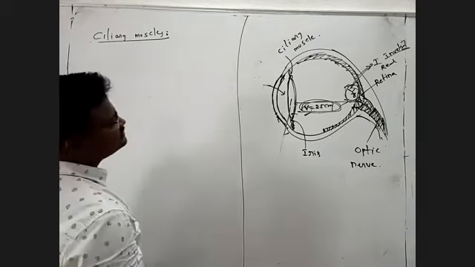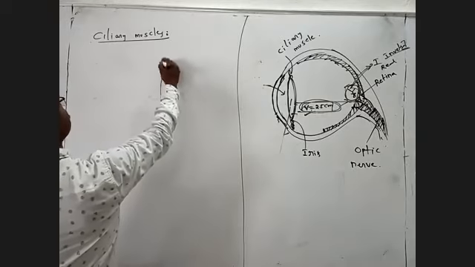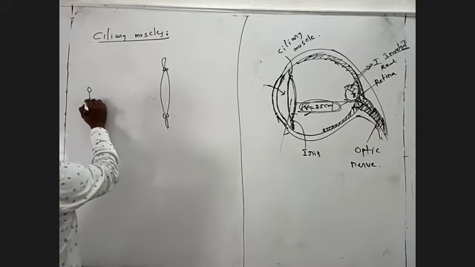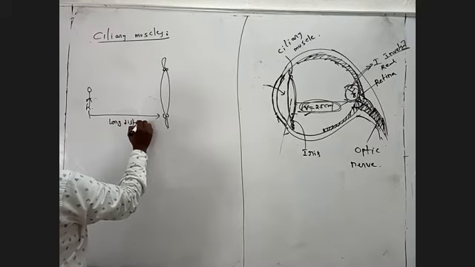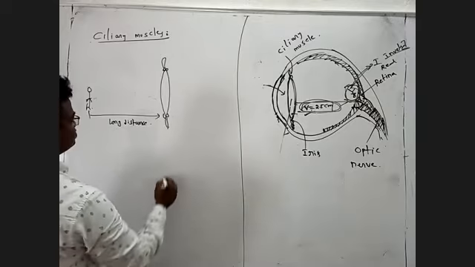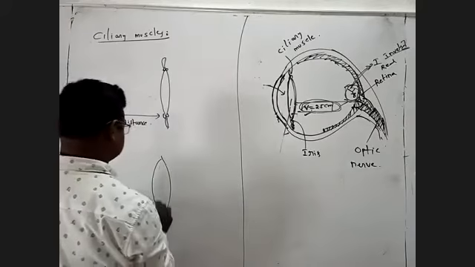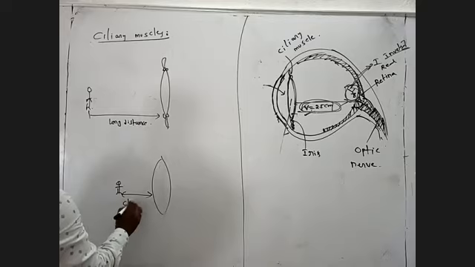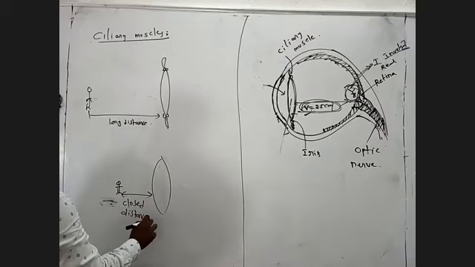The ciliary muscles. Suppose, for example, long distance, and very close distance.